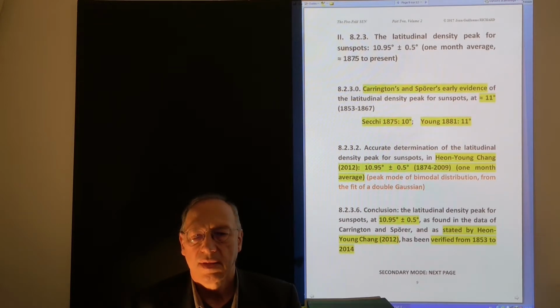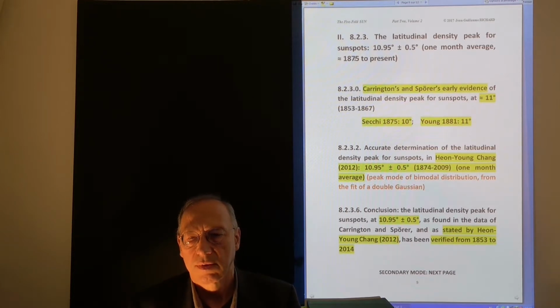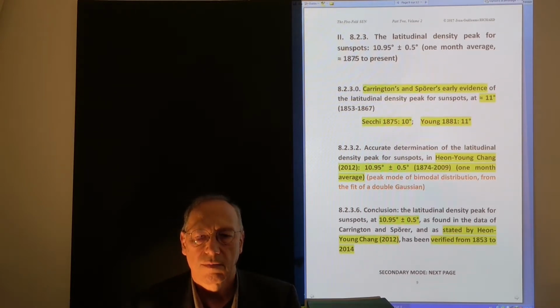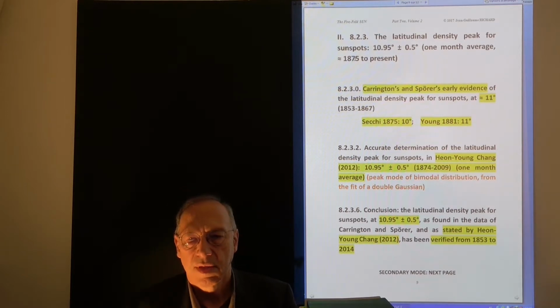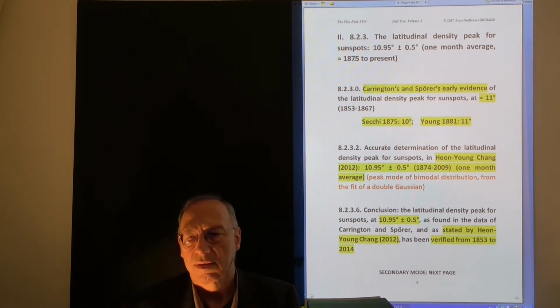And he found that the best fit was with a double Gaussian instead of a simple Gaussian, i.e. with a bimodal distribution, the main mode of which by far he found around 11 degrees. And he stated this result from inspection of his graphs and figures.